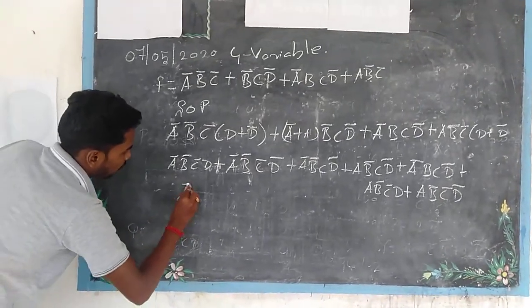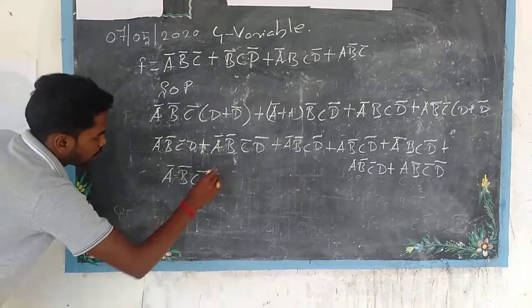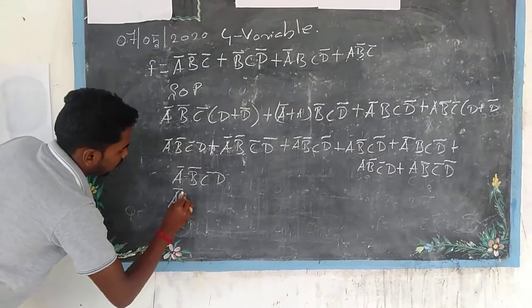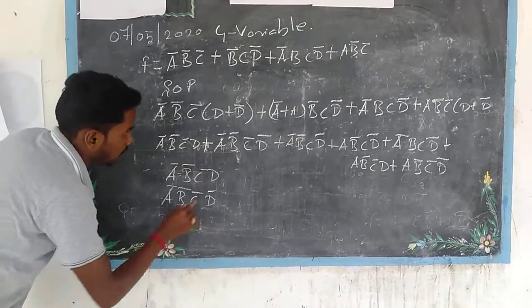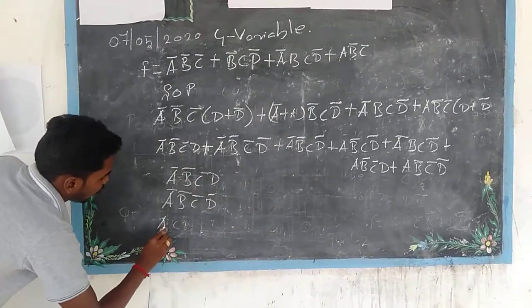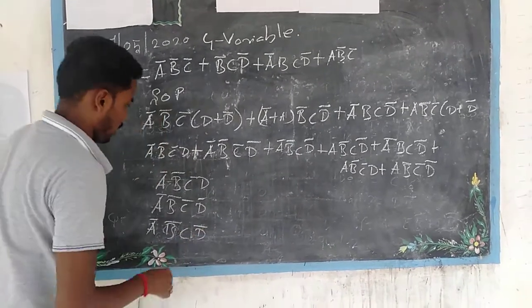Then A bar, B bar, C bar, D. Then the next terms A bar, B bar, C bar, D bar. And the next terms A bar, B bar, C, D bar.